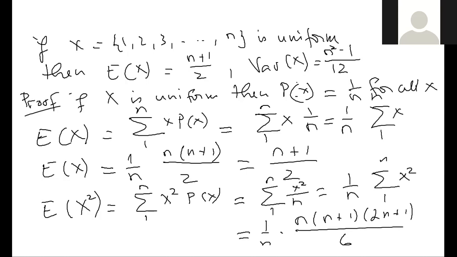I'm referring to this formula here. So we can see that E(x squared) is (n plus 1) times (2n plus 1) over 6 because of this 1 over n here.